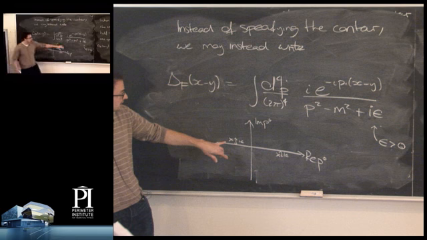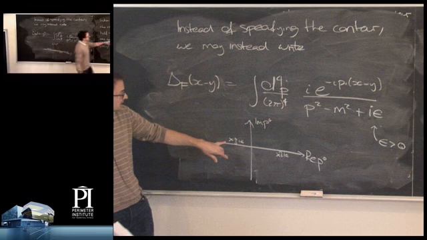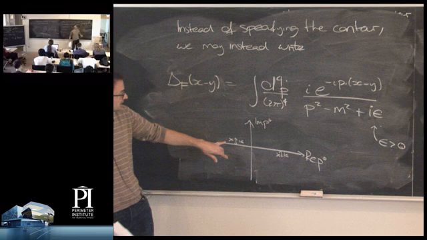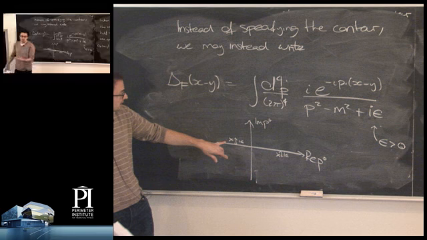So when you put the plus I epsilon here, the singularities are no longer when p0 is real, but when p0 is slightly imaginary, and it sits here and it sits here. So now we just do this integral straight along the real axis. And you see that that's sort of analogous to skipping below the first one and above the second one. Because of this magic of the residue theorem, it gives exactly the same result.